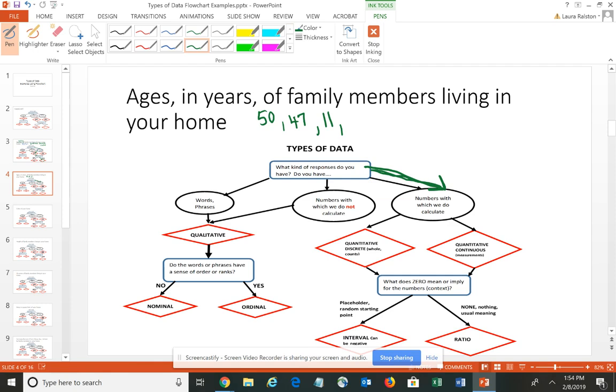Then you want to think about, are you going to give me a whole unit, or is it some sort of measurement? Now, typically you have to think about the context here, and it even says in years. So when you respond, you're just going to give me the years. You're not going to say, 50 years, 4 months, and 5 days old.